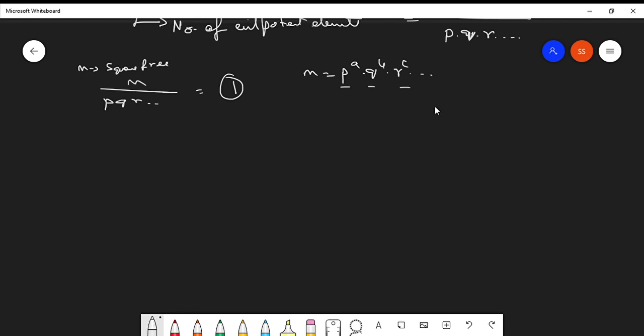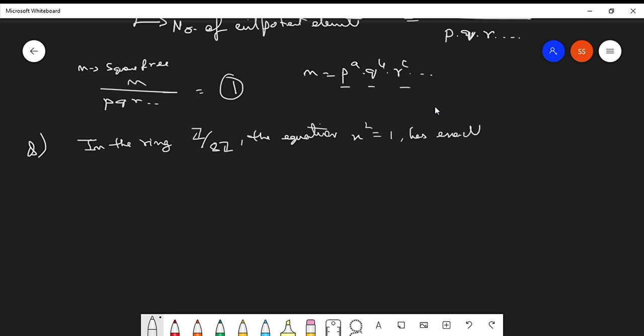Suppose I ask you a question. In the quotient ring, the equation x squared equals 1 has exactly two solutions. True or false? You can pause and try it on your own.